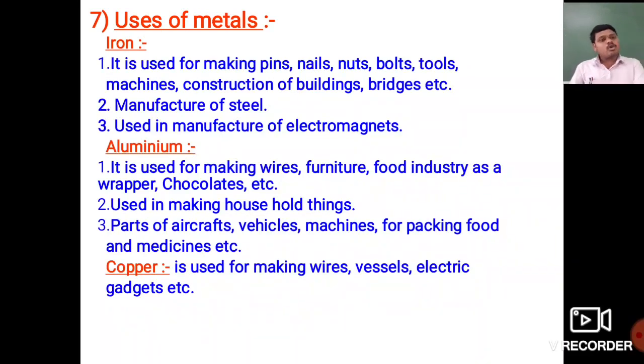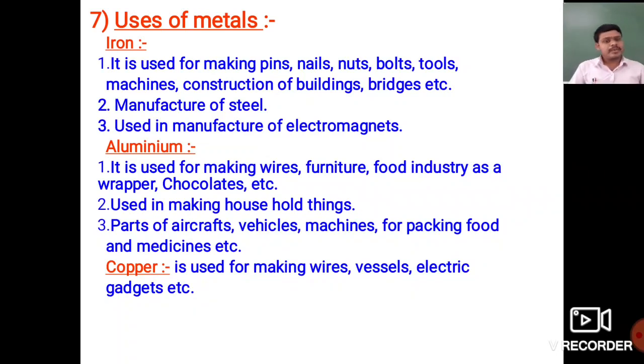Not only household things, aluminium is also used in the manufacturing of aircraft, aeroplanes, rockets, vehicles and some other machines. It is even used in the packing of food and medicines. My dear students, these are all the uses of aluminium.